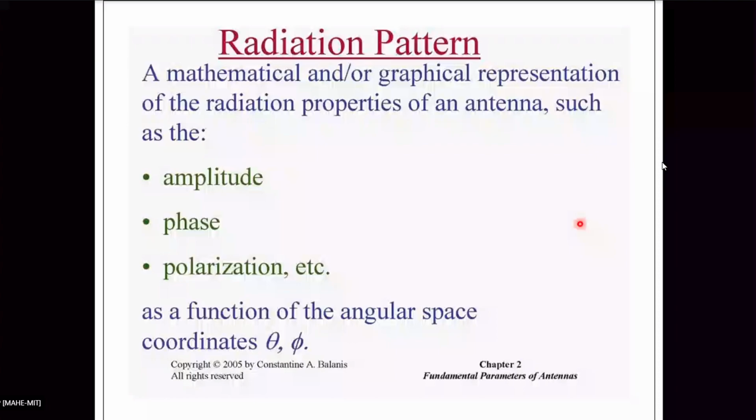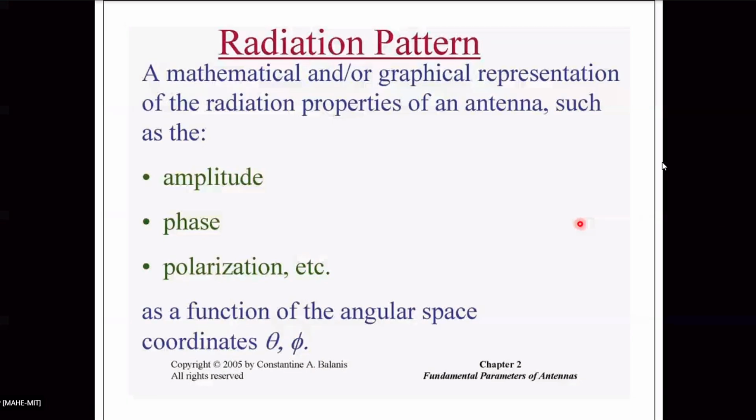If you vary both theta and phi as independent variables and plot amplitude, you get a three-dimensional plot. But a three-dimensional plot is usually very difficult. So for a two-dimensional plot, we keep phi constant and vary theta from 0 to pi, and plot the amplitude versus theta with phi constant. That is one plane.